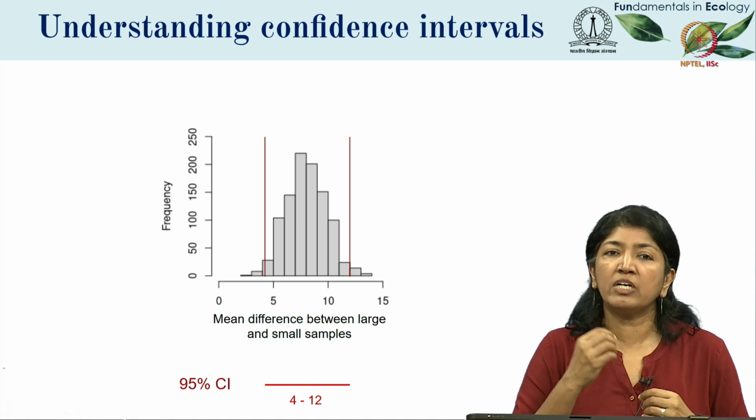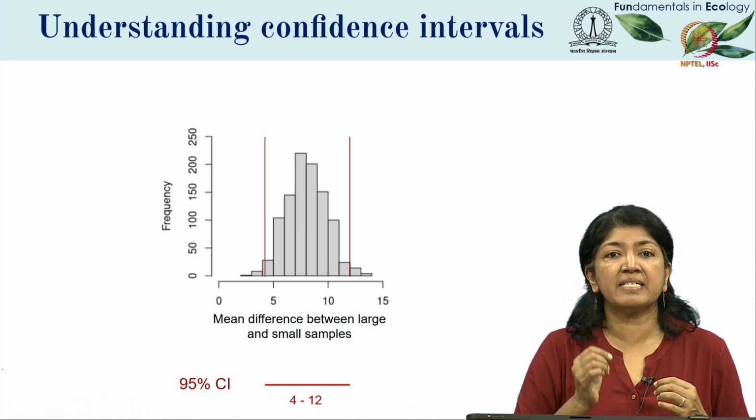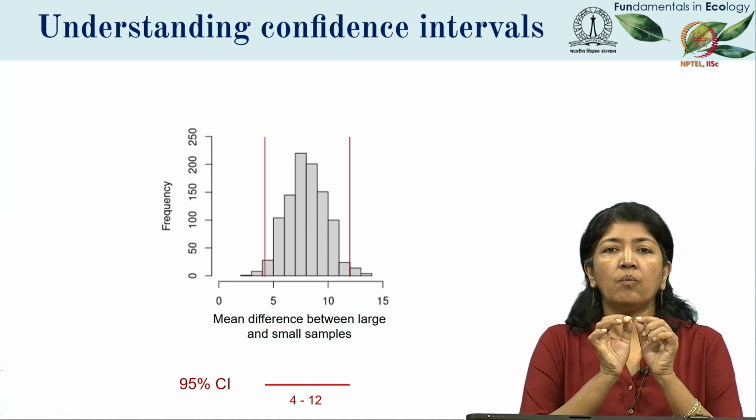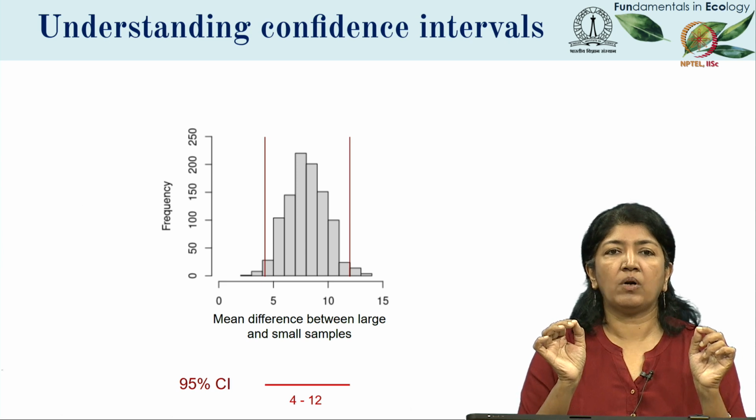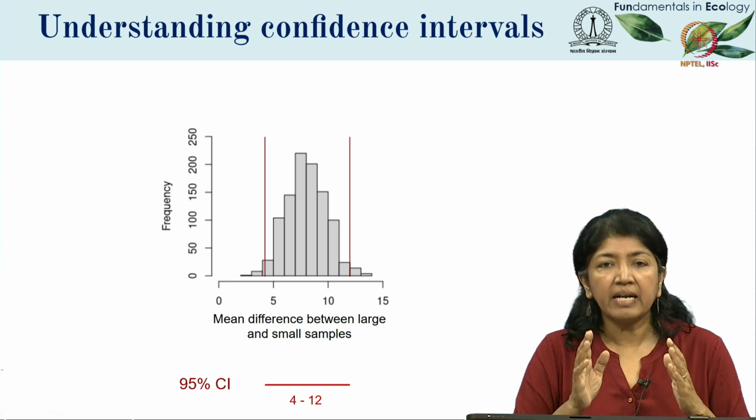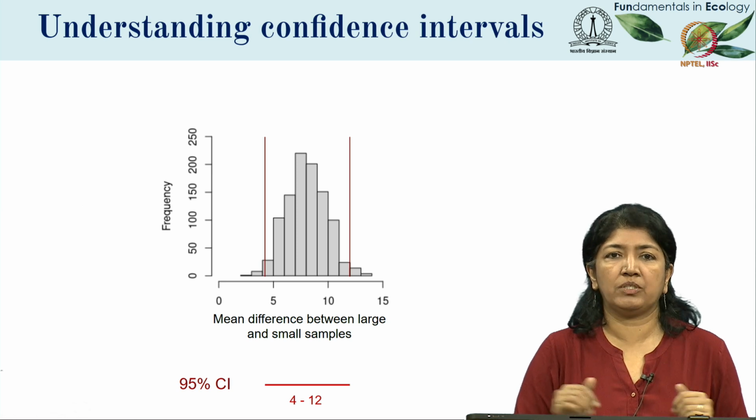So, for example, if you are interested in the 95% confidence interval, what is the interval? What is the range of values that captures the central 95% of your distribution?